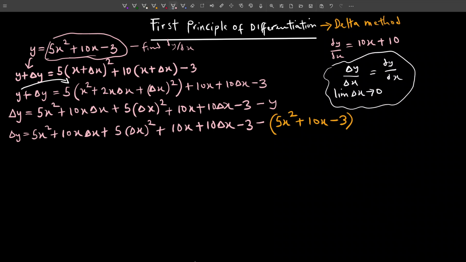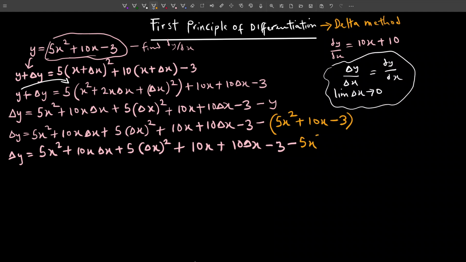So opening the bracket now, we're going to have minus 5x squared minus 10x plus 3, because the minus sign affects the individual signs. Okay, so we can cancel out. We see 5x squared can cancel out 5x squared. What else? 10x can cancel out 10x, and 3 can cancel out 3.